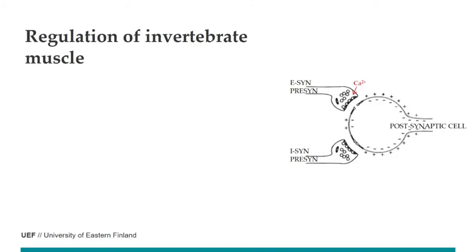Okay, the excitatory presynaptic membrane is working so that there will be calcium inside the cell that will release the neurotransmitter. For example, in the vertebrate neuromuscular junction, it's releasing acetylcholine. That will cause the activation of the receptor, allowing sodium influx, but in the case of the acetylcholine receptor, it's also allowing potassium to go out from the cell.